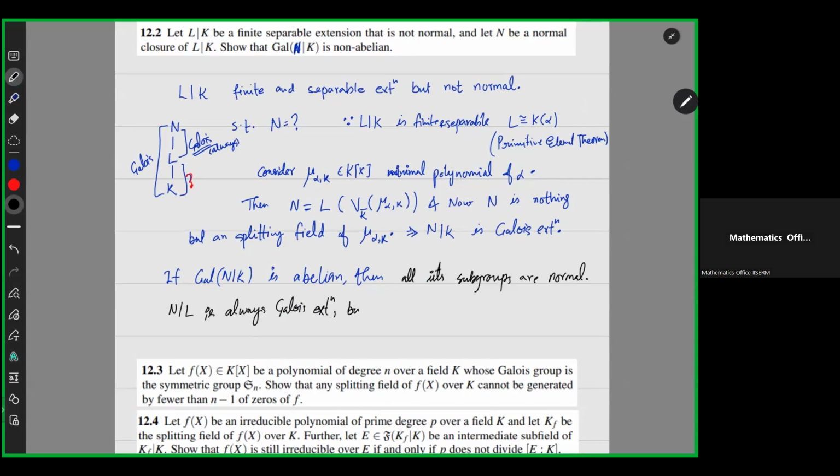But L over K is Galois if the corresponding subgroup is normal inside the bigger Galois group.